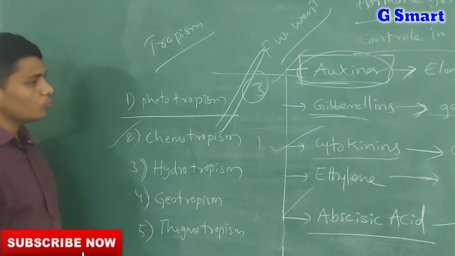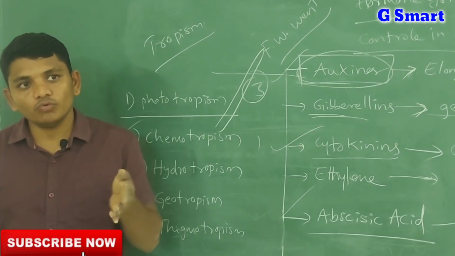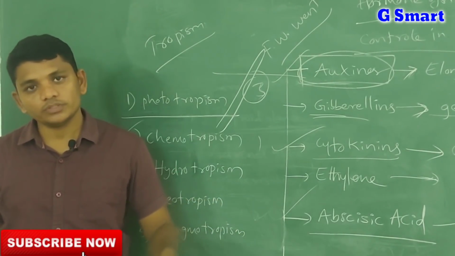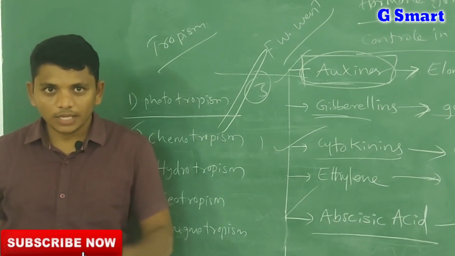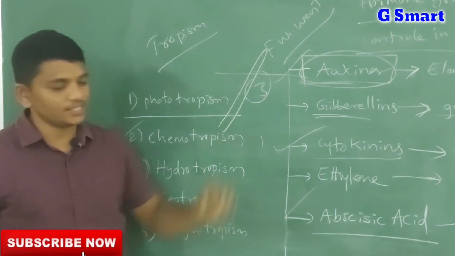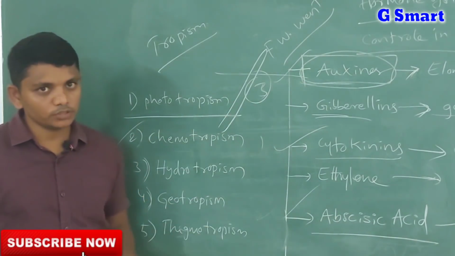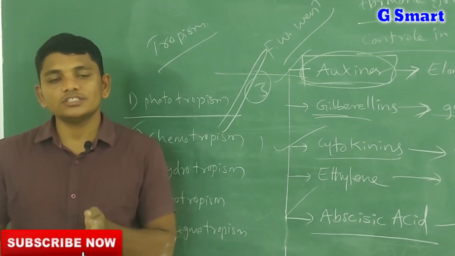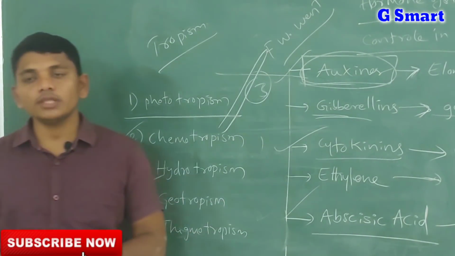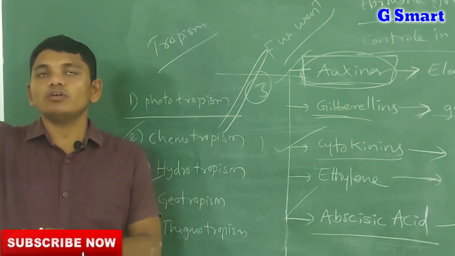And the second one is chemotropism. Growth of the plant towards a chemical is called chemotropism, which is also due to auxins. And also hydrotropism: growth of the plant towards water. And geotropism. You know, the plant grows in an upward direction.